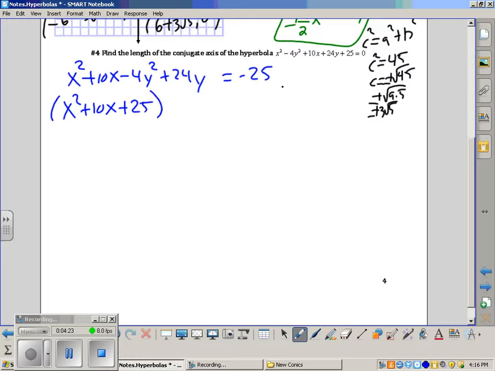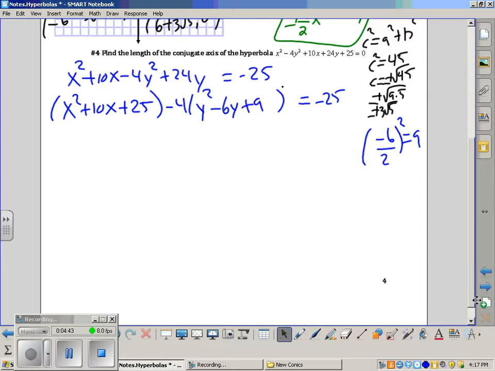Now here I need to factor out a 4. Okay. So -6 divided by 2 squared. That looks like it's 9. So I'm adding 9 here. But then I need to figure out what I'm actually effectively adding to both sides.